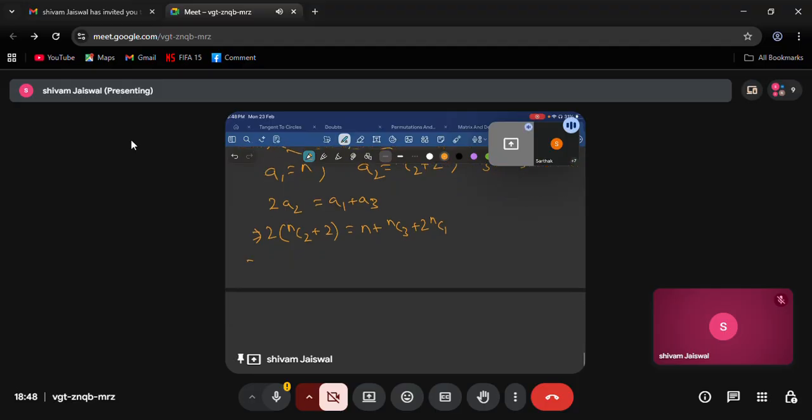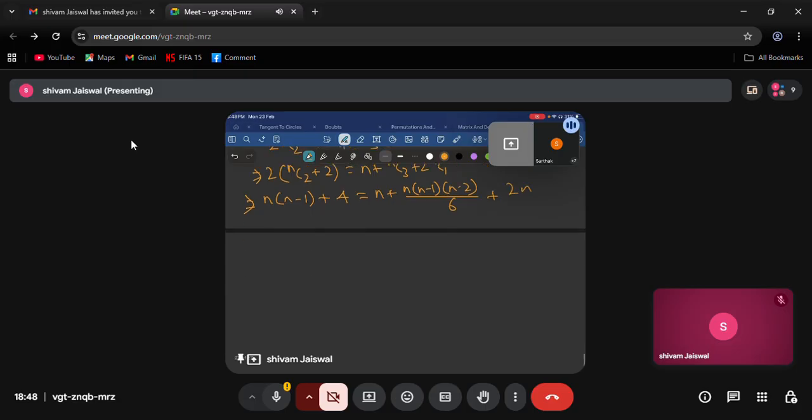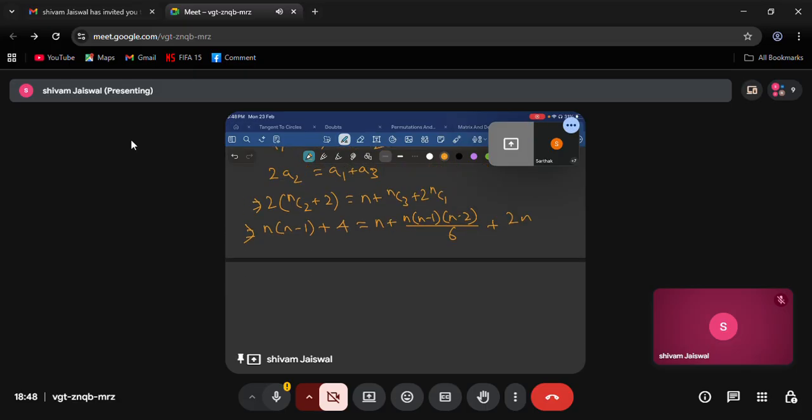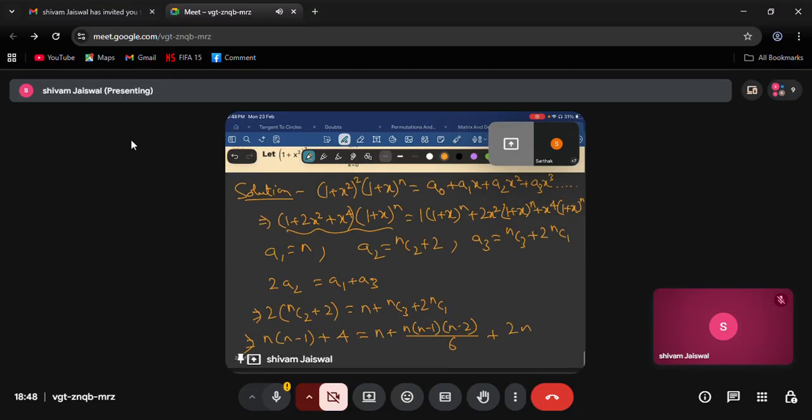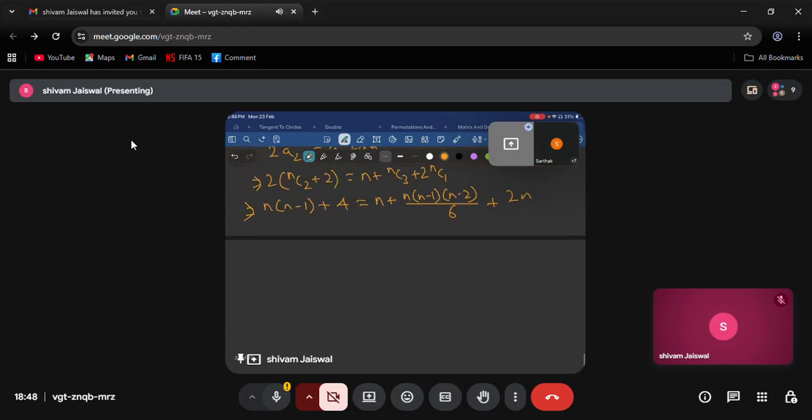Now we need to simplify this. So it will become 2 into NC2, that is n into n minus 1, plus 4. This will be equal to n plus n into n minus 1 into n minus 2 divided by 6, plus n plus 2n. Right, tell me. After this, we need to simplify. Okay, let us simplify.